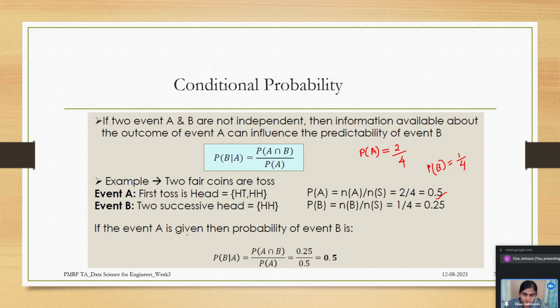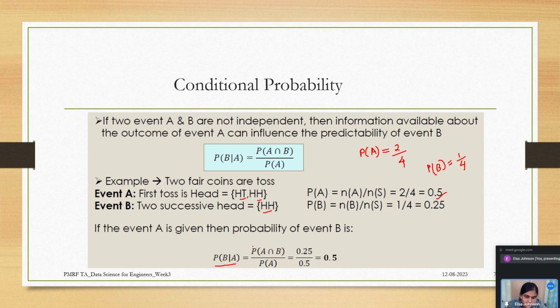So now if you want to find out P of B given A, then you have to see P of A intersection B. So you can check from here. If you see, there is HT and HH here and there is HH here. So you can say P of A intersection B is, you can see which event is common in both. So only one event is common in both, right?